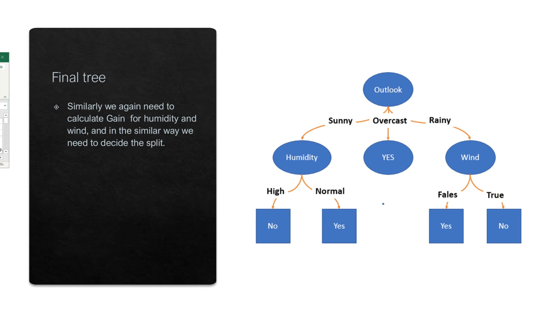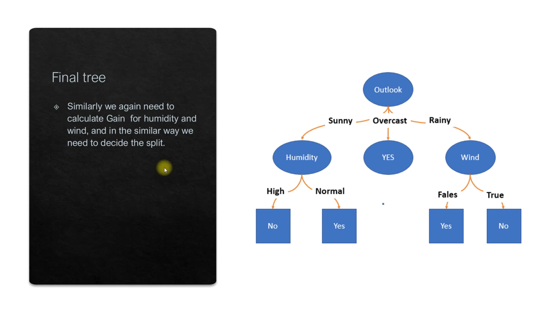This is how I can interpret my decision trees, and of course this is how the prediction works. When I pass any information, your decision tree will tell you, based on the tree we built, whether the player can play or not.